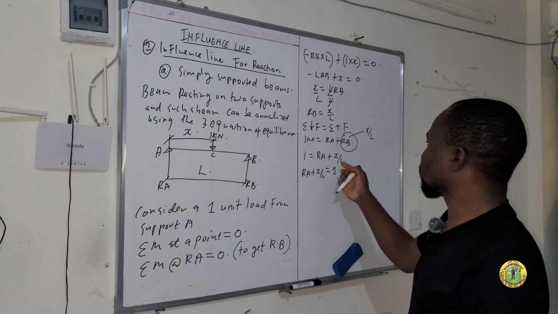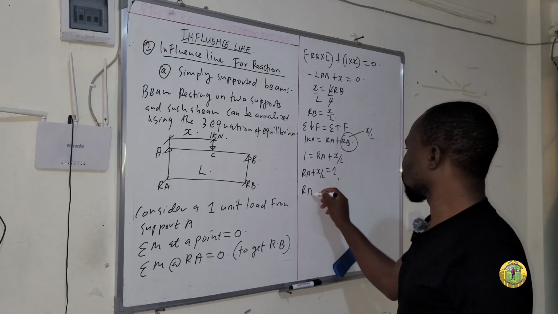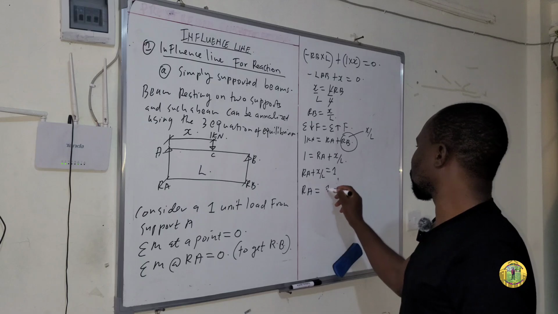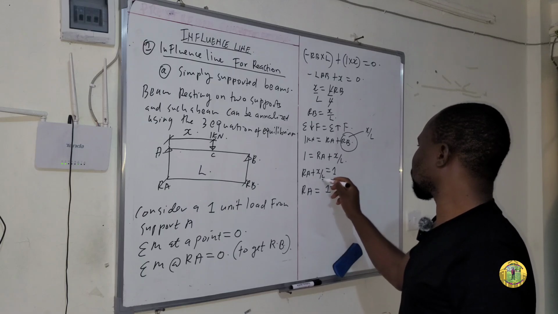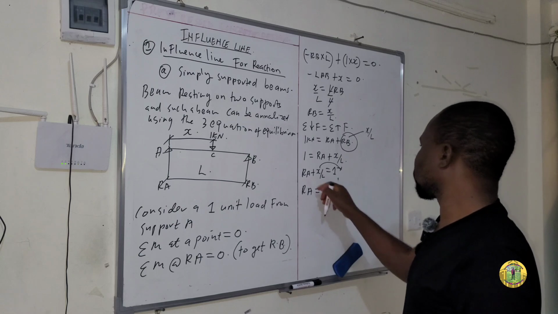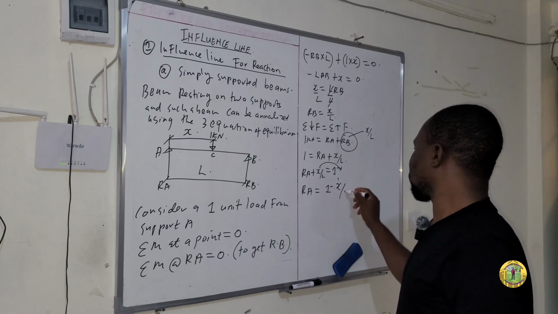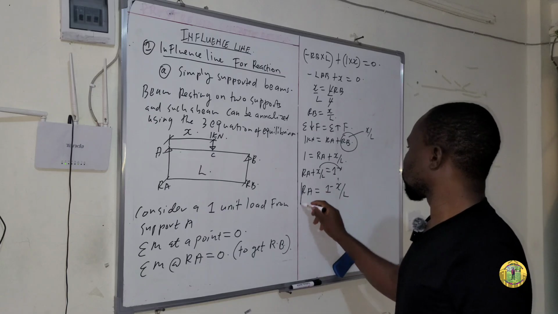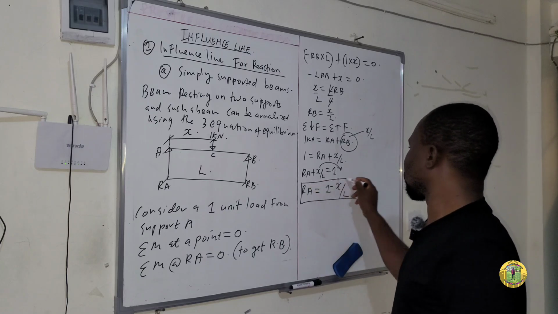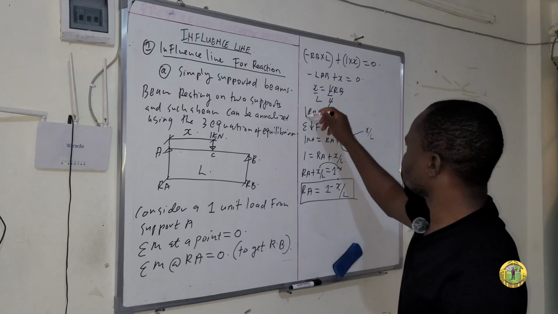I have just interchanged this. So to get RA is equal to 1 minus, this one will cross to the other side, so it will change sign, which is positive to negative, minus X over L. So this is RA and this is RB.